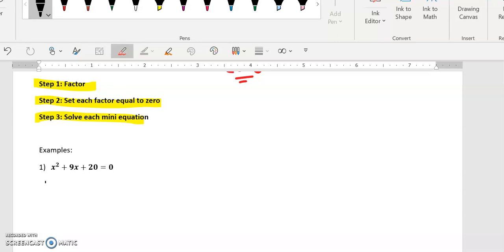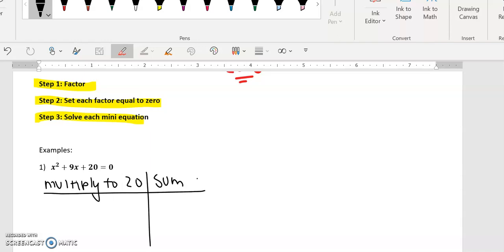We need to find two numbers that multiply to 20 and add to 9. So I'm thinking 4 times 5. 4 times 5 is 20, and 4 plus 5 is 9.